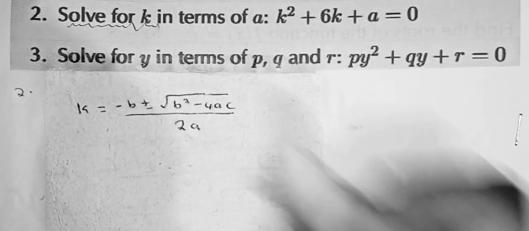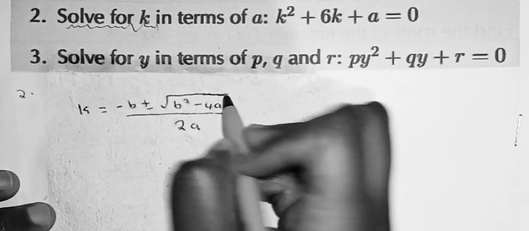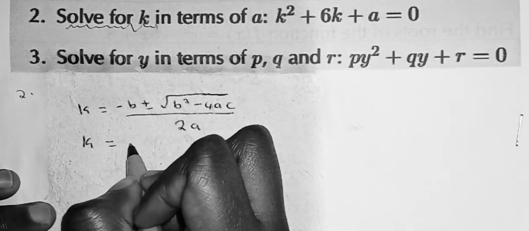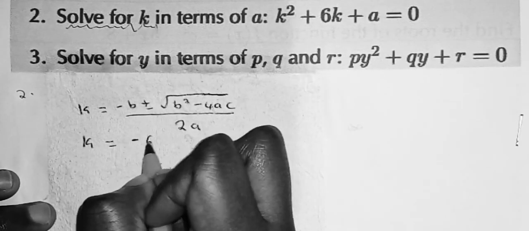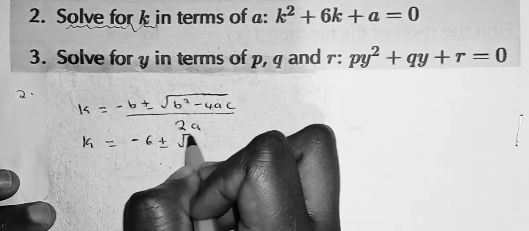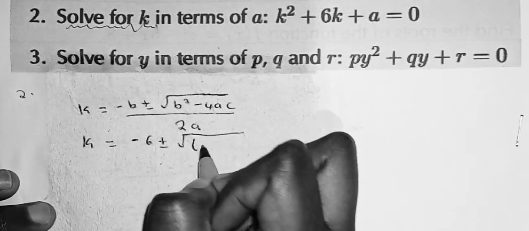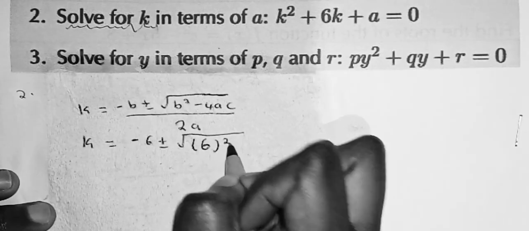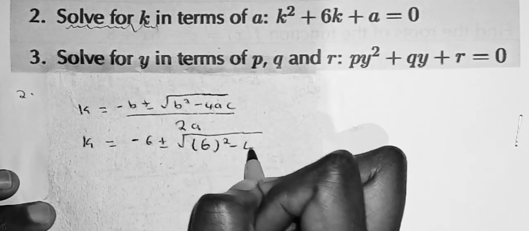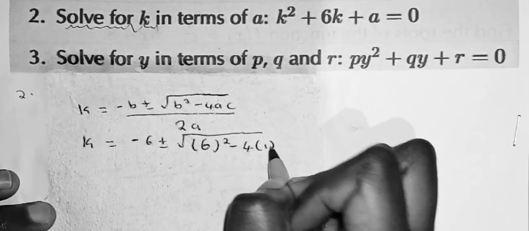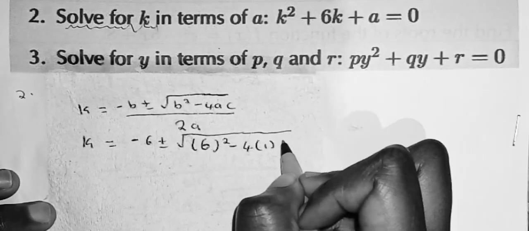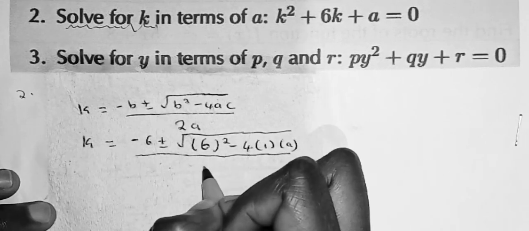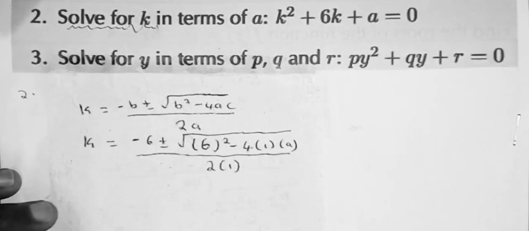So what's next? The next thing we are going to do is substitute everything. So negative 6 plus or minus the square root of 6 squared minus 4, a was 1, and then c was the a, all over 2 times 1.